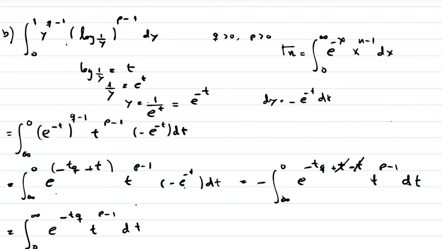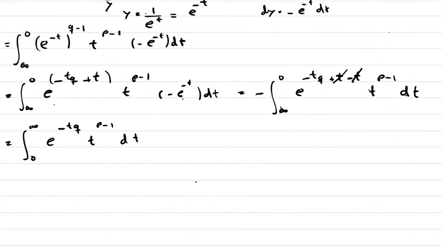But still, this doesn't fit the requirement to become a gamma function because of this part over here. In the gamma function, it's supposed to be only x, not minus something x. Therefore, we are going to make another assumption here. We are going to take tq equal to x.